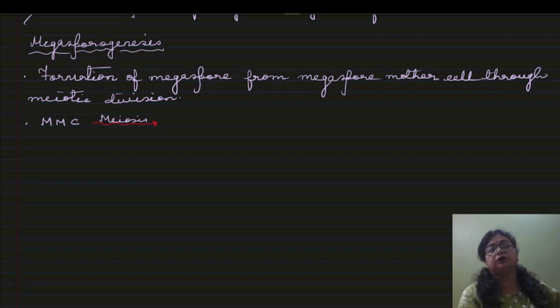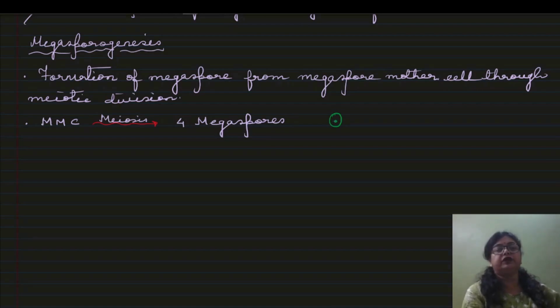So now there will be how many megaspores? 4 megaspores. So how is it occurring? Let us see. Suppose this is the MMC. We can draw here also, that is better. This is the MMC and it is giving rise to 4 megaspores.